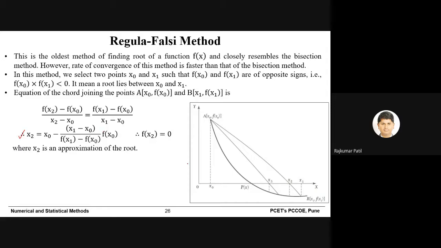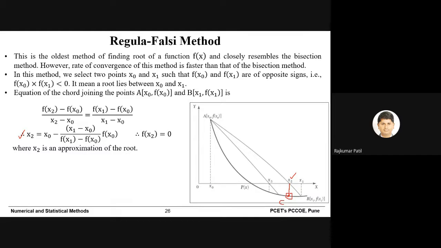Next, we will draw a vertical line from x2 that intersects the curve. Let's say this particular point is C, and it will have 2 coordinates: x2 and f of x2.